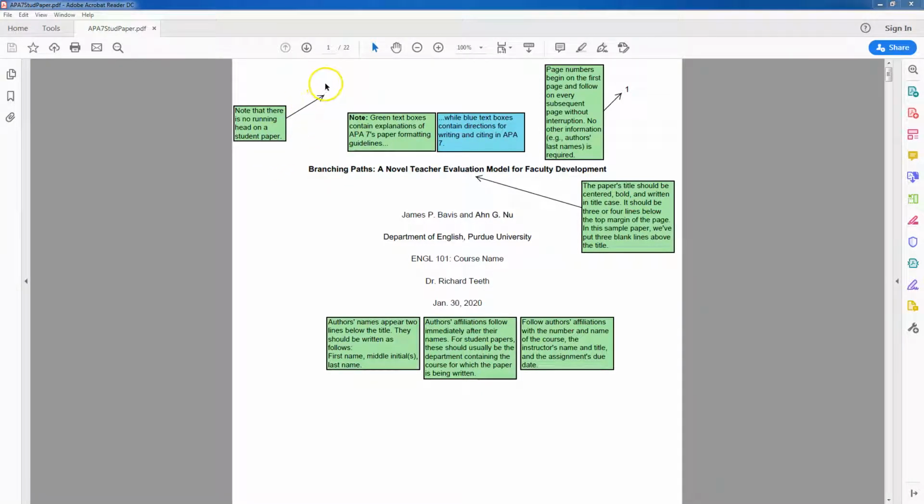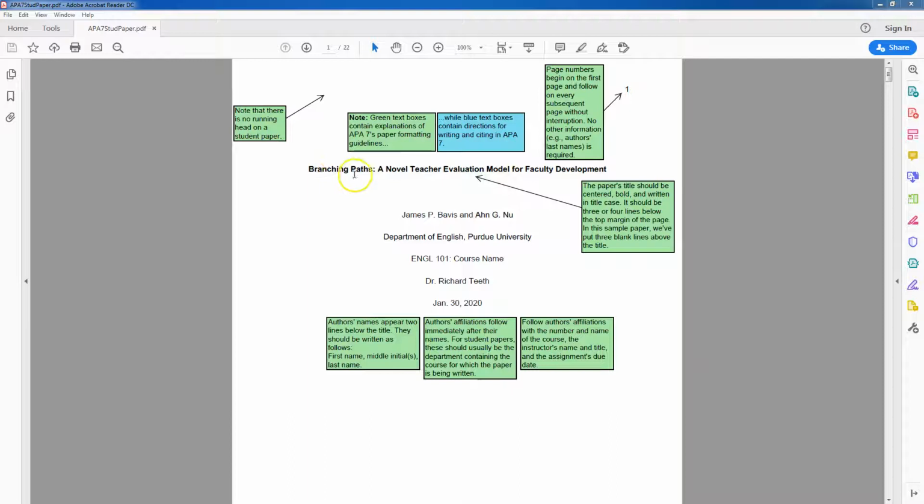So there is no need for a heading in the 7th edition APA student paper, but there is a page number that needs to be on every page, and your cover is page 1. Make sure you note that there's no other information required by the page number, like the author's last name.